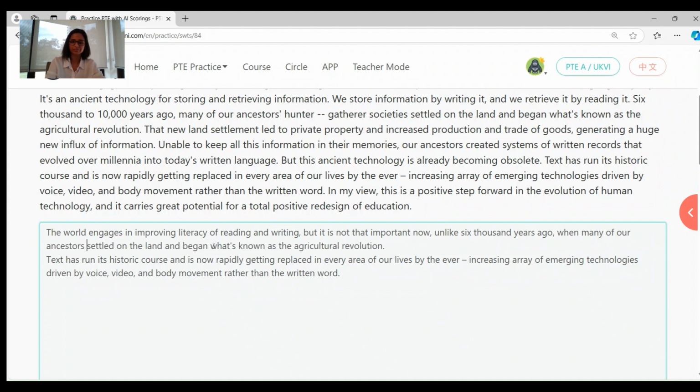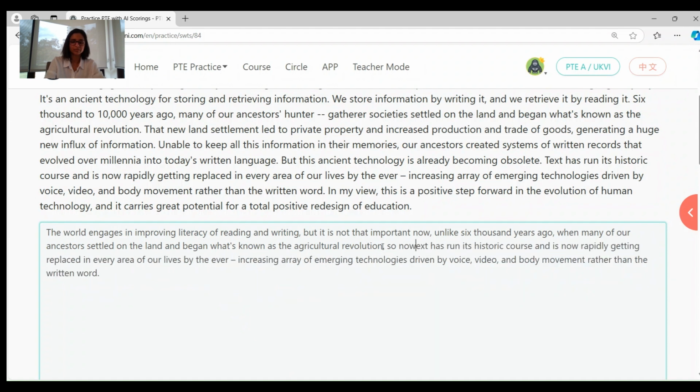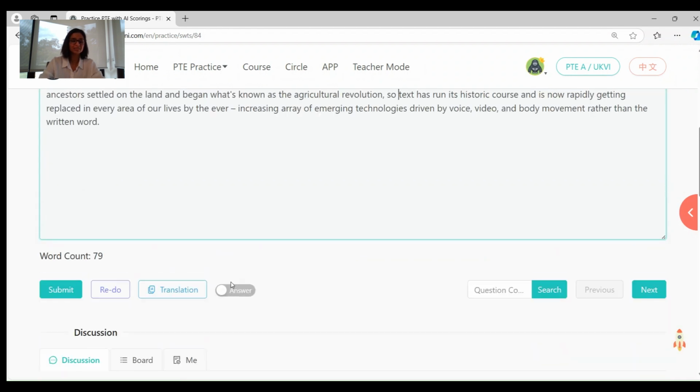Ancestors, I accidentally settled on the land and began what is known as the agricultural revolution. So, comma, so now, text has run its. Oh, there's a now in there in the next sentence, so let's not put that now in there. All right, so text has run its historic courses, now rapidly getting replaced. All right, how many words? 79?